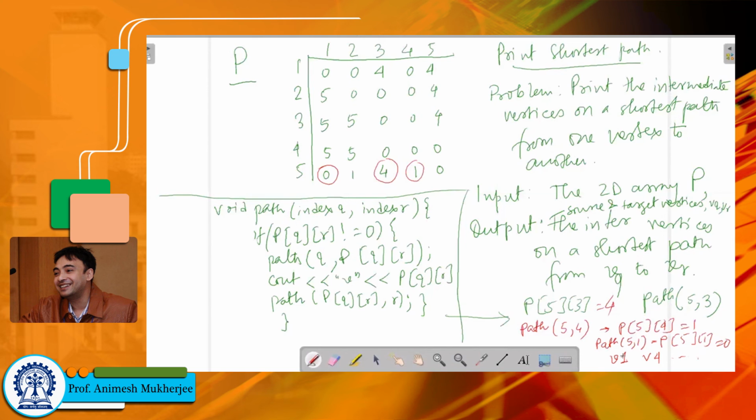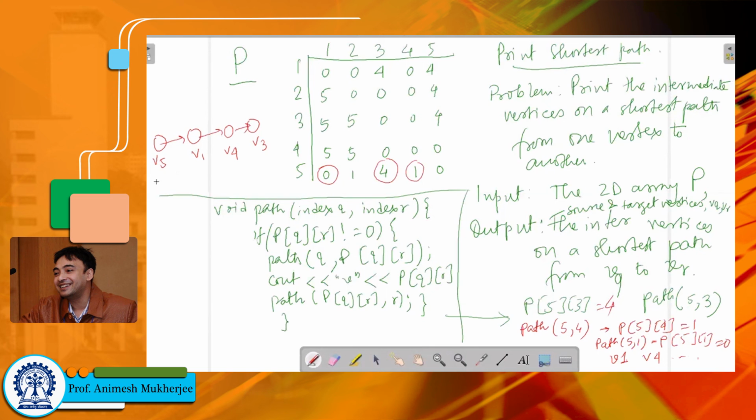So this amounts to telling that the path from V5 to V3 goes via V1 and V4.